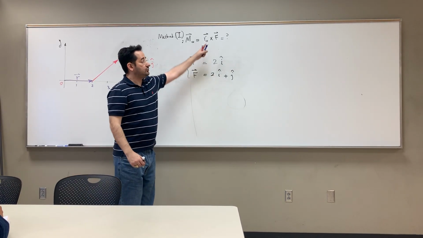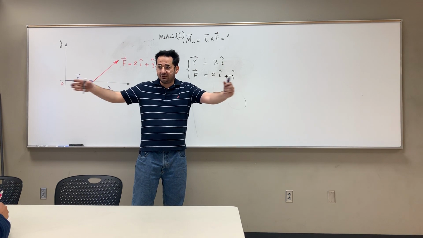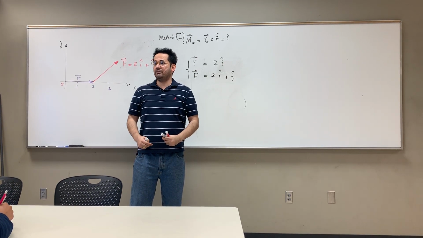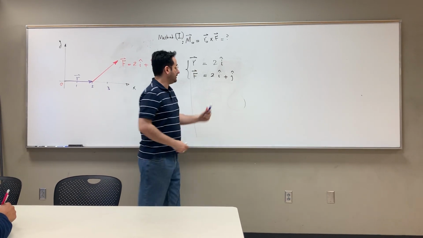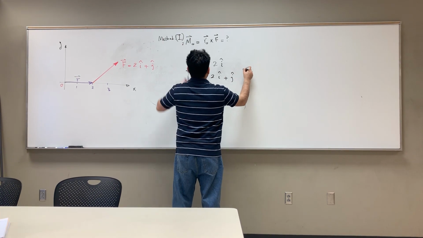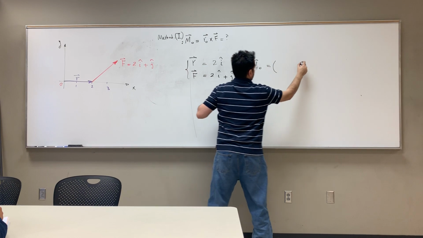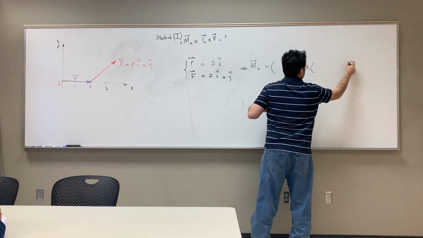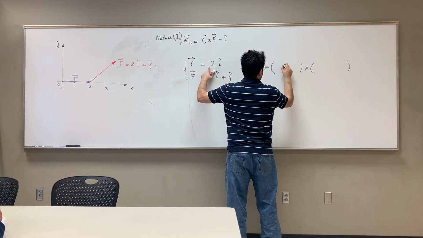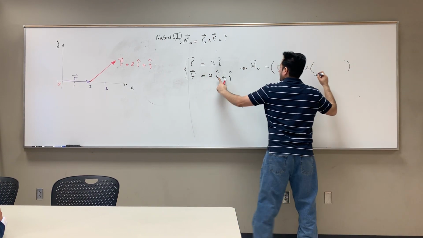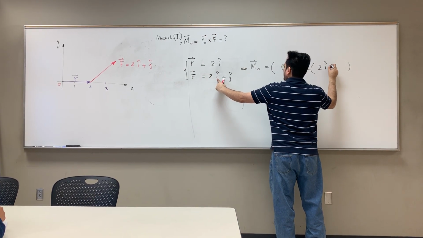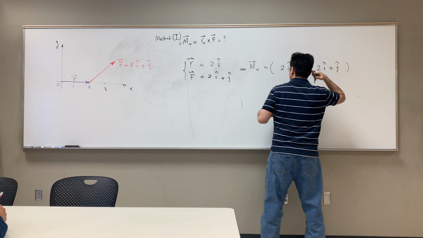So we plug the two vectors there, we expand it, we distribute it, and finally we end up with the answer. So let's do that. Moment with respect to point O would be R cross F, right? My R is 2i, and F would be 2i plus j, right?